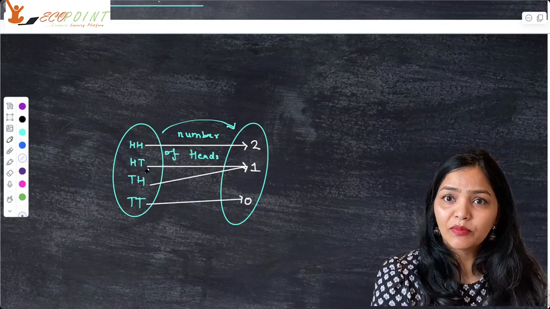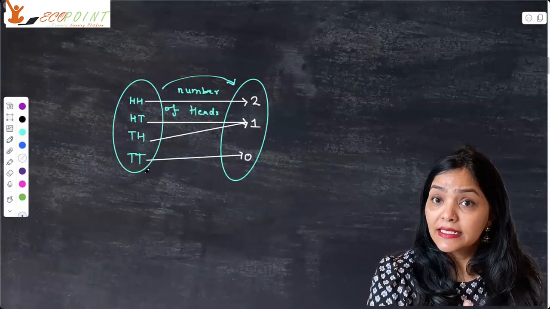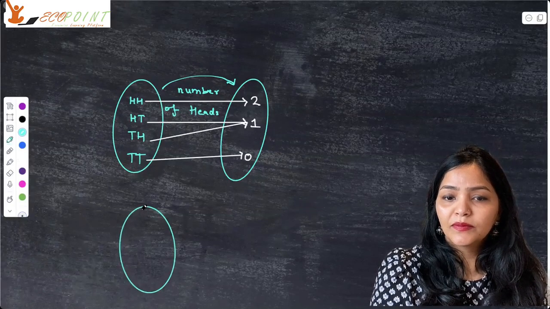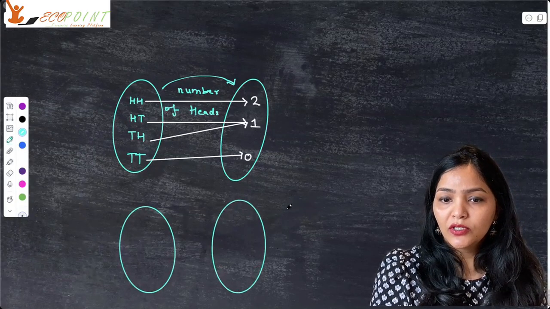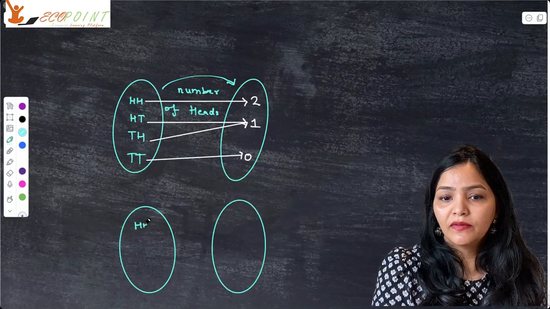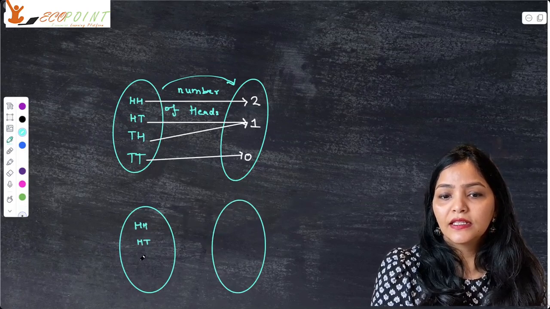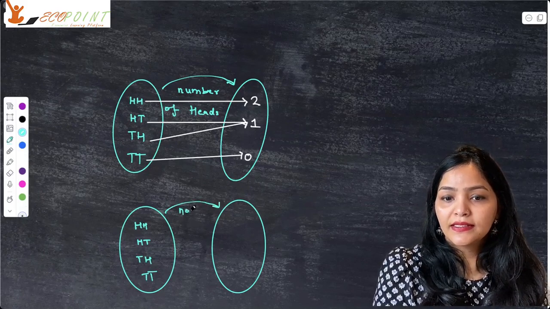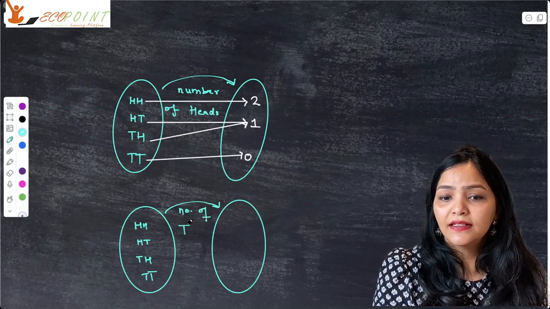Now, with the same experiment, you can generate different random variables. For example, the sample space will not change. The sample space will be head head, head tail, tail head, tail tail. And this time we can take the random variable as number of tails.